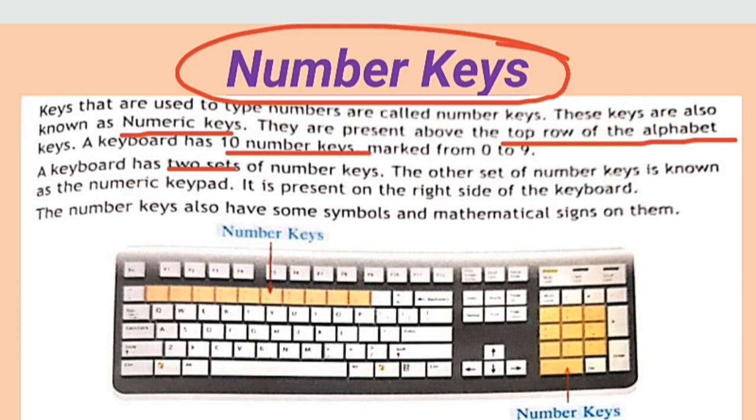One set is at the top row of the alphabet keys, and the other set of number keys is known as the numeric keypad, and it is present on the right side of the keyboard. Number keys also have some special symbols and mathematical signs on them.